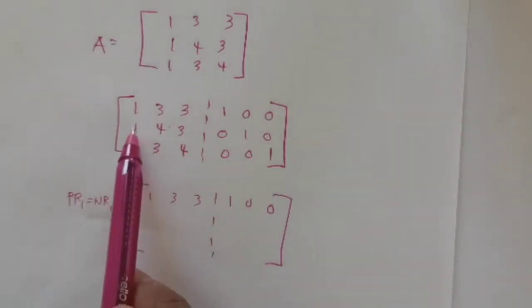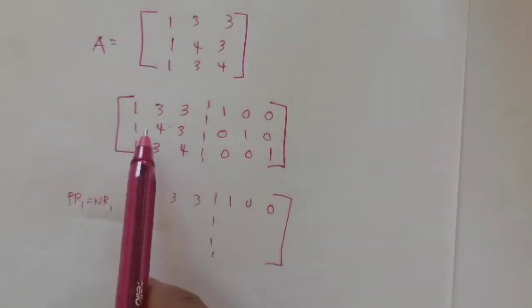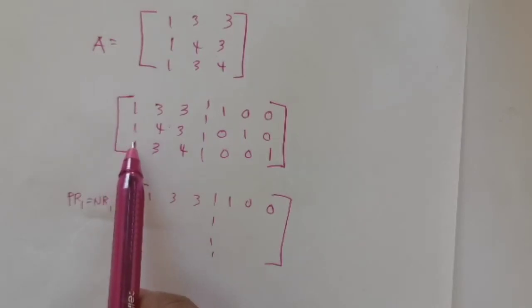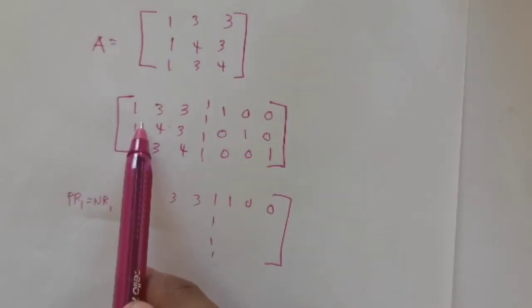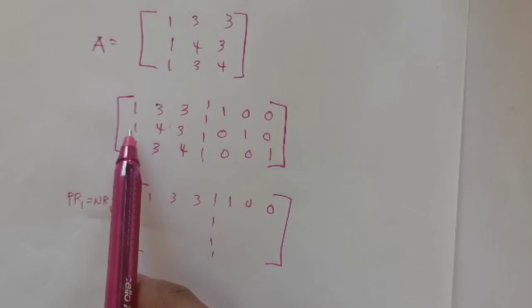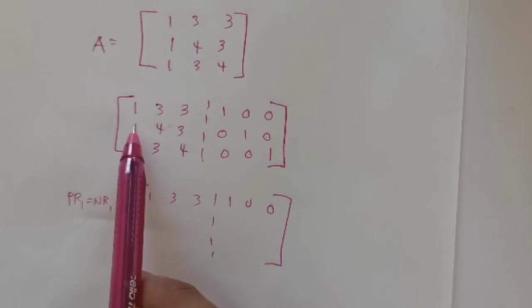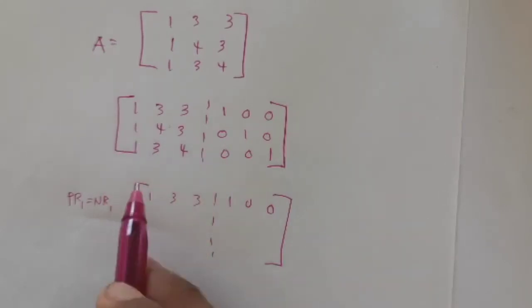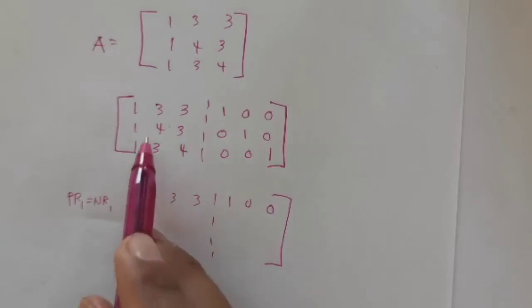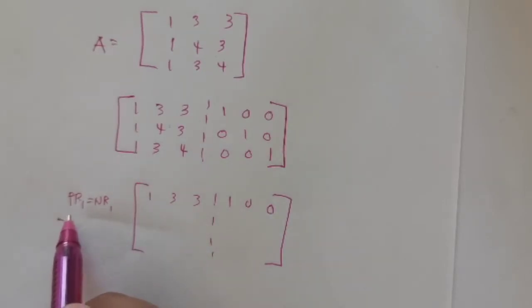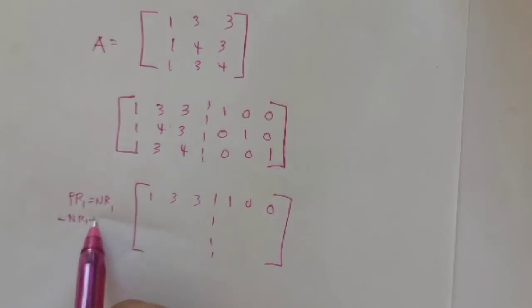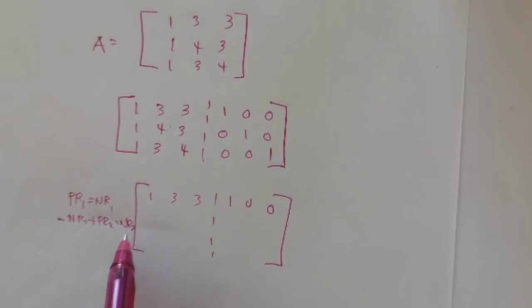Then in row 2, the first entry is 1. Let us turn this 1 into 0, so we need to add negative 1. For this reason, negative 1 times new row 1 plus previous row 2 is equal to new row 2.